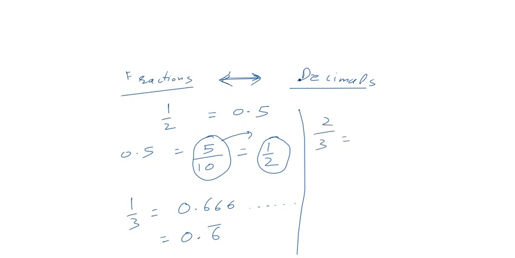Sorry, this is 2 by 3, I think. My mistake, I wrote it. 1 by 3, if you do, it will become 0.333. Nice, 0.3 repeating. 3 by 2 will become 1.5.